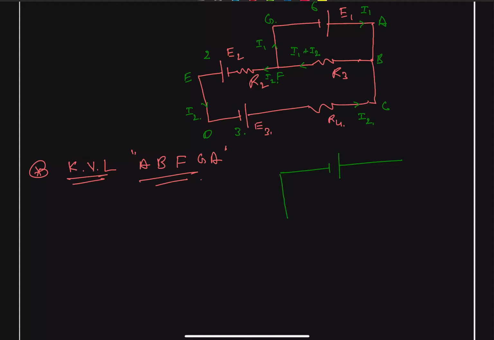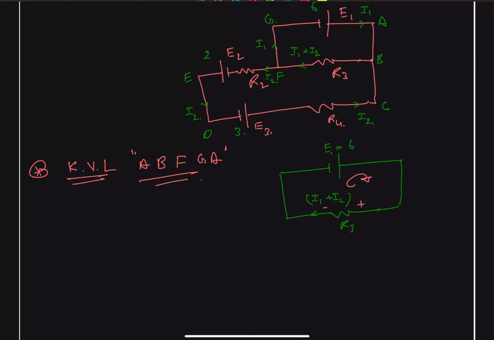And in this loop there is only one resistance, that is we have our E1 which is our 6, and we have our R3, and the current through here is our I1 plus I2, and current is flowing from right to left. So obviously right end will be positive and left end will be negative, and we can just take the directional loop same, because it doesn't matter.